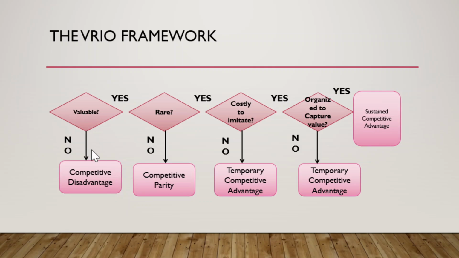Kung dito pa lang sa una, nag-fail na tayo, then expected na we have our competitive disadvantage. Okay? So, ito yung kailangan natin i-achieve in terms of our resources in order to sustain competitive advantage. Okay? So, next.